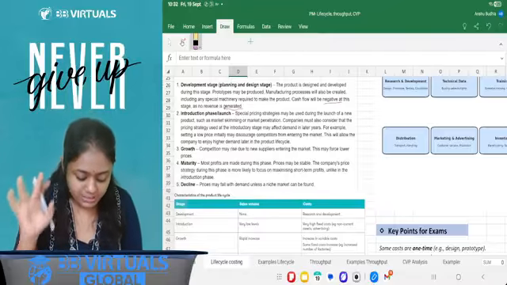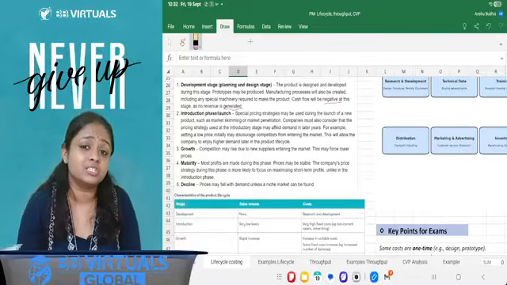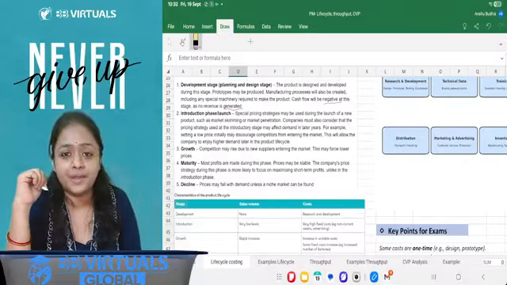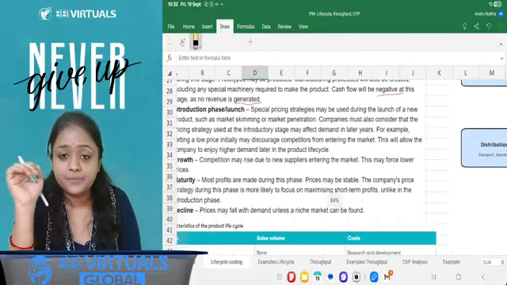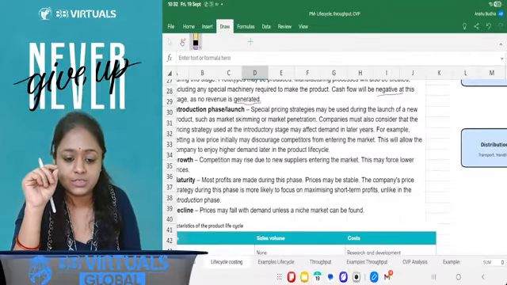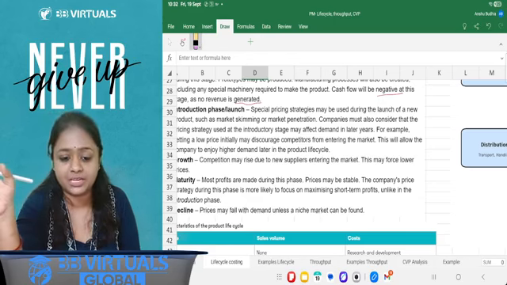Okay, now moving on to the introduction phase, or the launch phase. Now the product is launched, but which expenditure will you have the most here? In the launching stage, a company does a lot of marketing expenditure and a lot of advertisement expenditure.